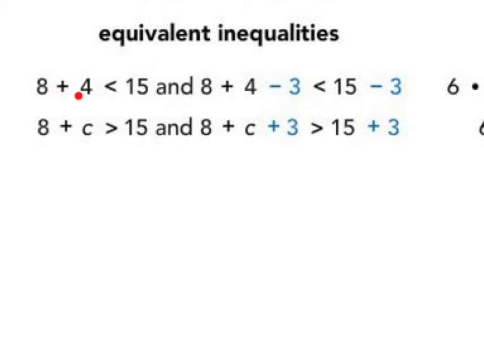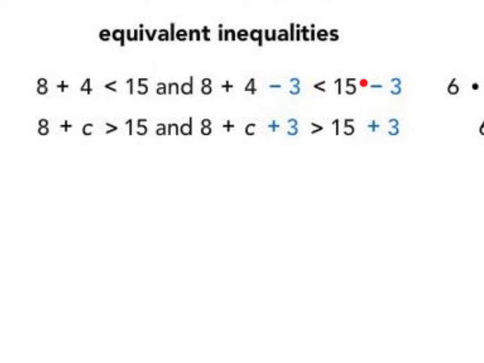8 plus 4 is less than 15. Great. Well, 8 plus 4 subtract 3 is less than 15 subtract 3. All they're doing is taking this original inequality and subtracting 3 from both sides.